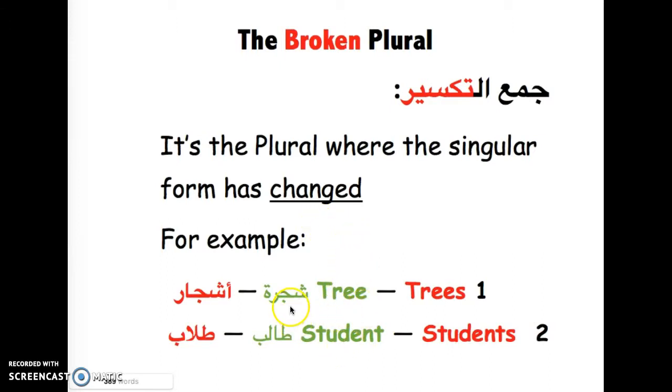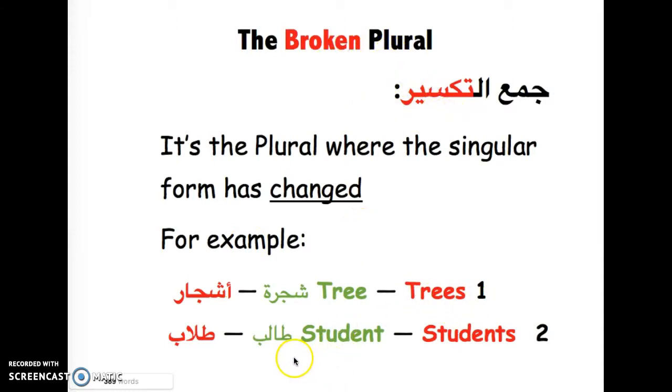The singular does not look like the plural, and it's not as easy as just adding something to the end of it. It's a little bit more complicated than that. But as you can see here, shajara, which means tree. The plural form is ashjar, and it's a broken form of plural, right?